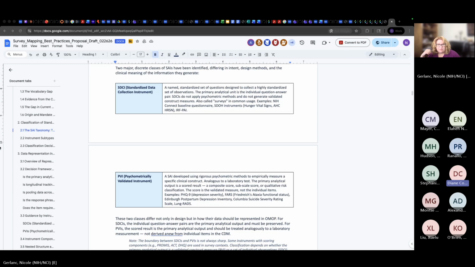We would have a value as number, which could be your 1, 2, 3 or 1, 2, 3, 4, 5, whatever it is. And then in the value as string, we've put what that actually means, whether it's very possible, probable, or not possible, whatever the text version of those answers are.